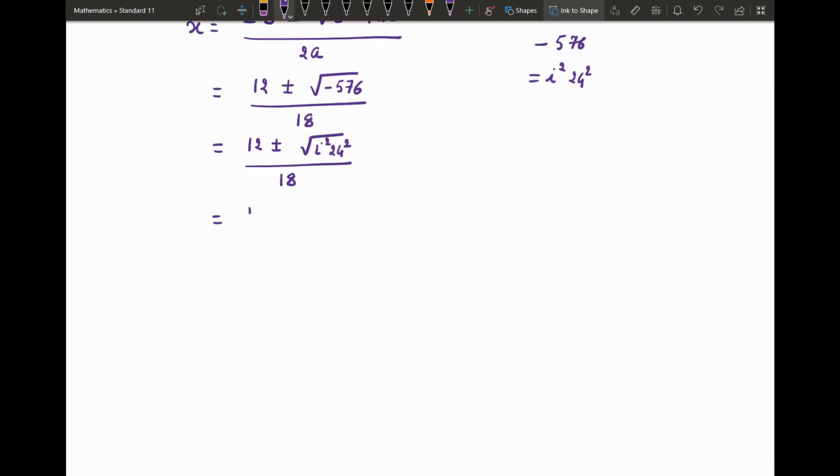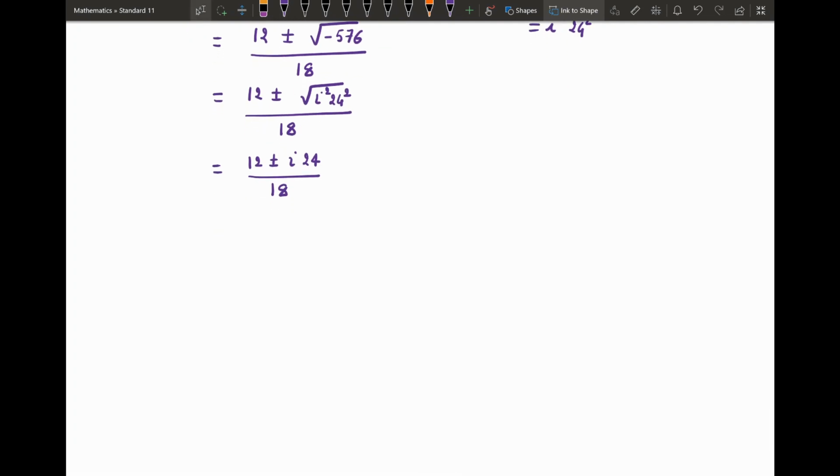So the roots are 12 plus minus i 24 upon 18, and for further simplification we can take 6 common from numerator and denominator. 6 twos are 12. 2 plus minus i 4 upon 3.